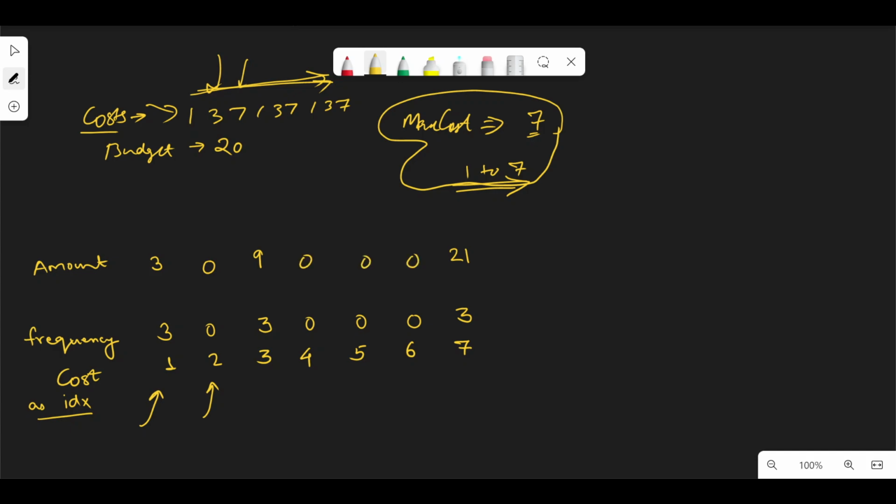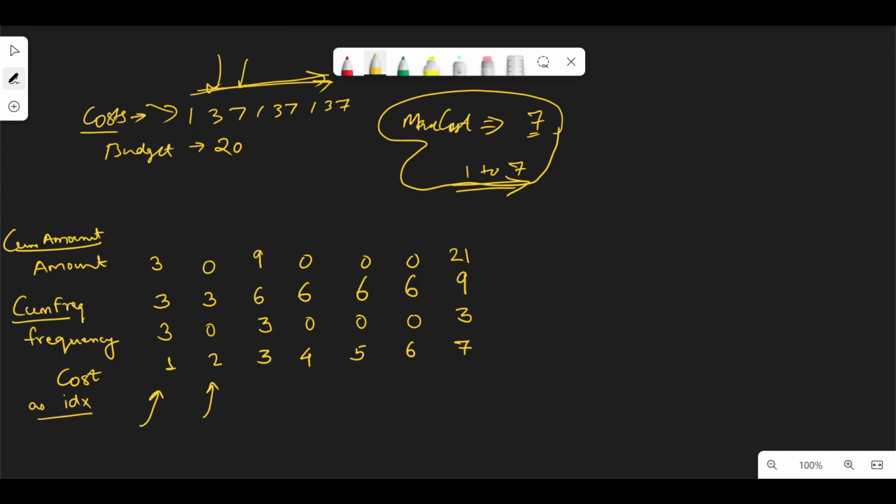And now let's add cumulative frequency and cumulative amount, because both of these, if you think about it, will always be non-decreasing, will only be increasing or remaining the same, right? So here the cumulative frequency is 3. So now you have bought 3 toys. Here it changes to 6. So far you have bought 6 toys, and if you buy these 3 toys as well, then you would have bought 9 toys.